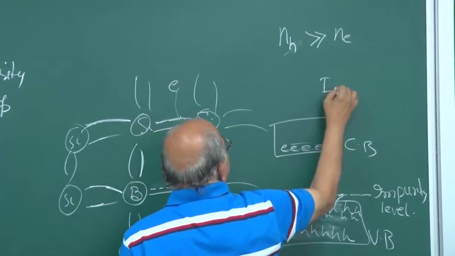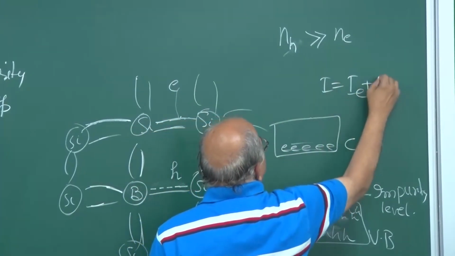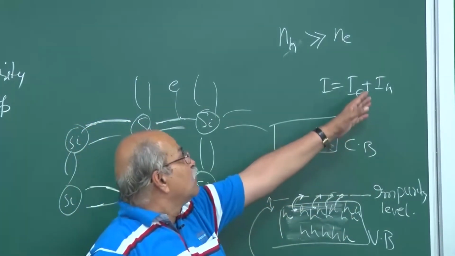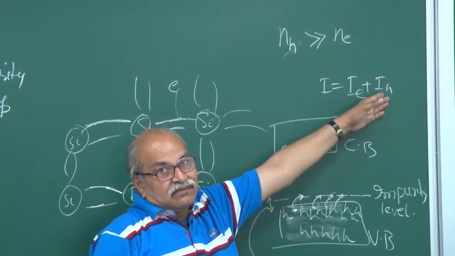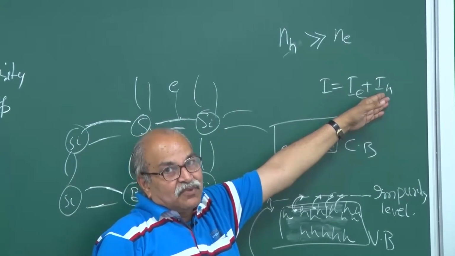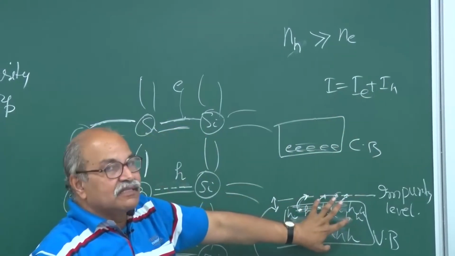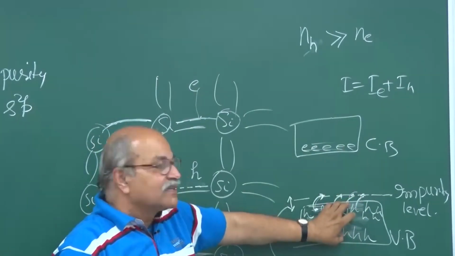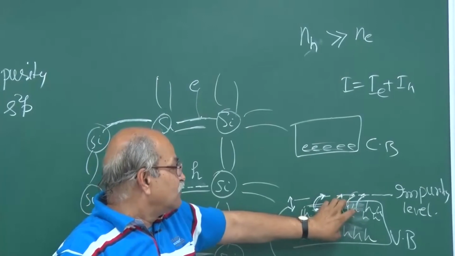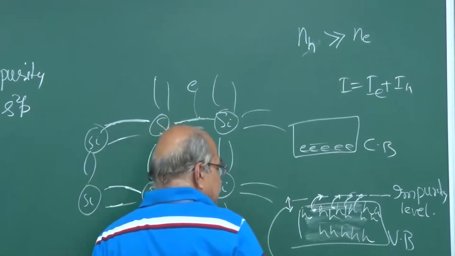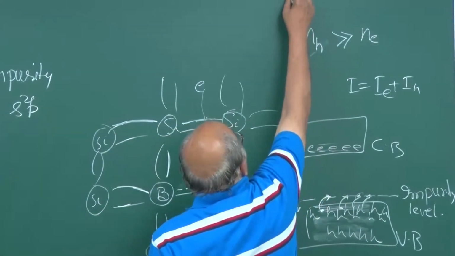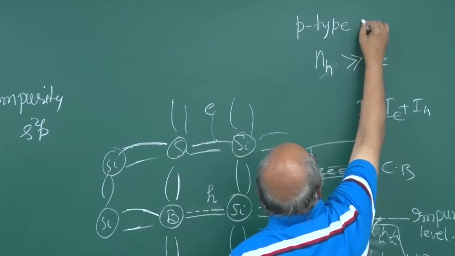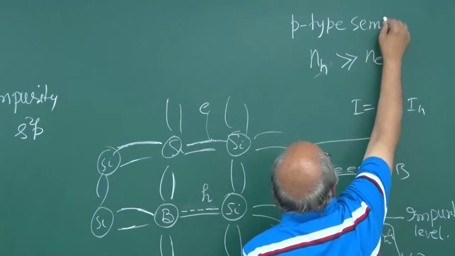So in current I equals I_E plus I_H, most of the contribution comes from holes, because the number of holes is much larger, and this is like positive charge carriers if you talk in terms of holes. Therefore these types of semiconductors are known as p-type semiconductors, positive type.